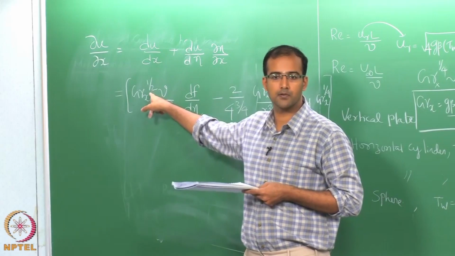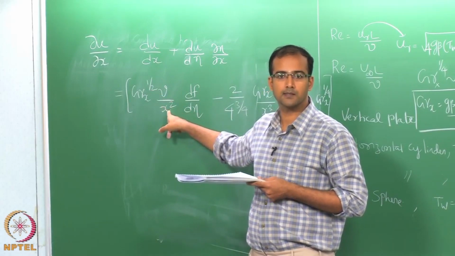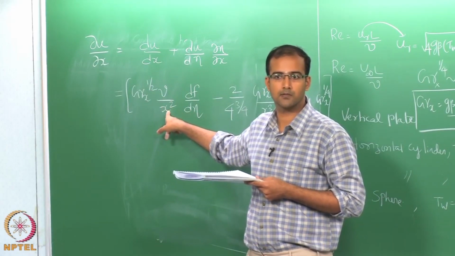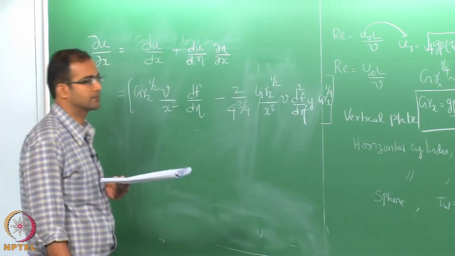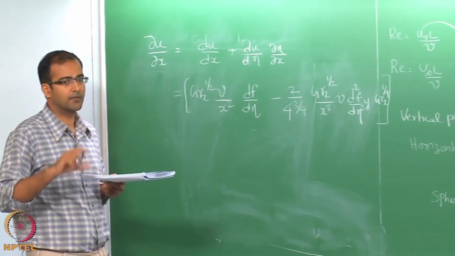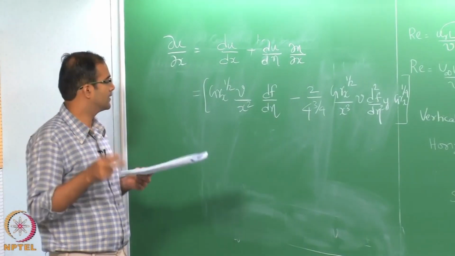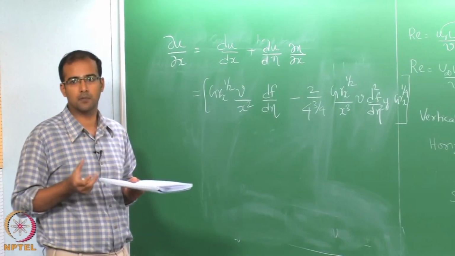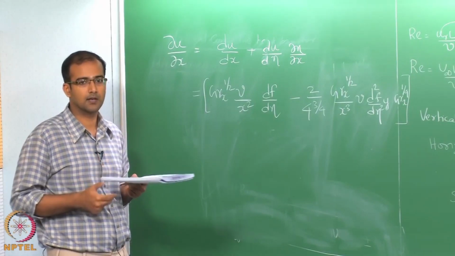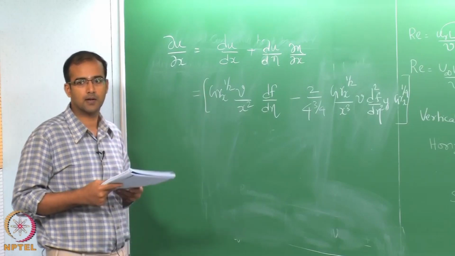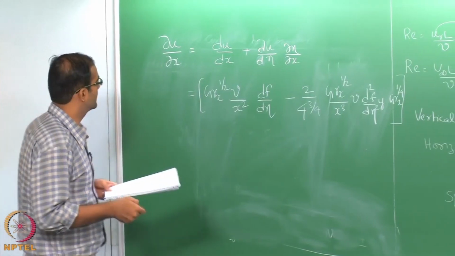So, here you have x power 3 by 2 minus 2, that is what minus 1 by 2, right. Okay. So, we are finally putting wherever possible in terms of Grashof number again. You do not want to carry that g beta delta t together. So, you are rewriting them in terms of Grashof number again, right.